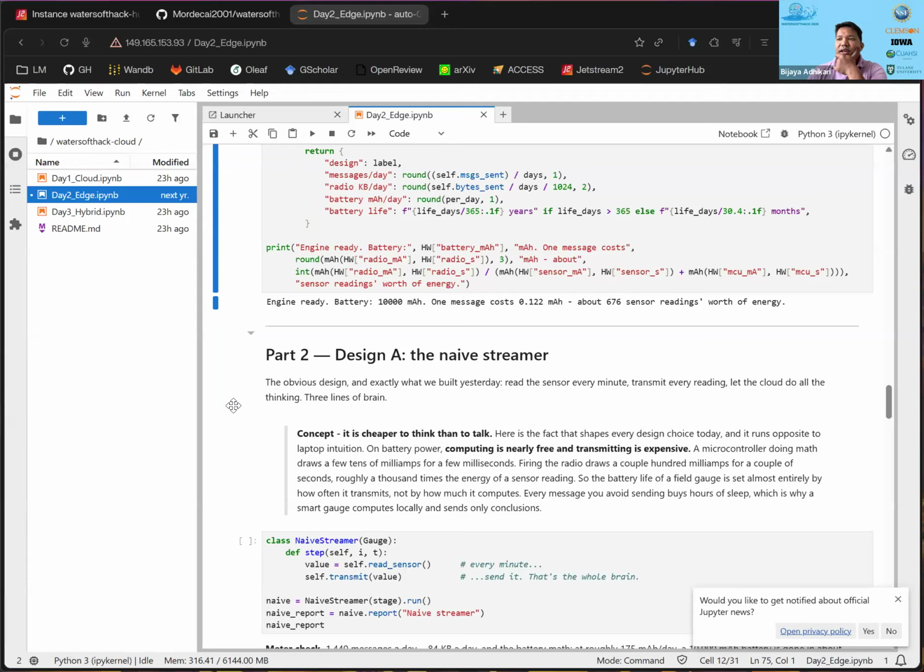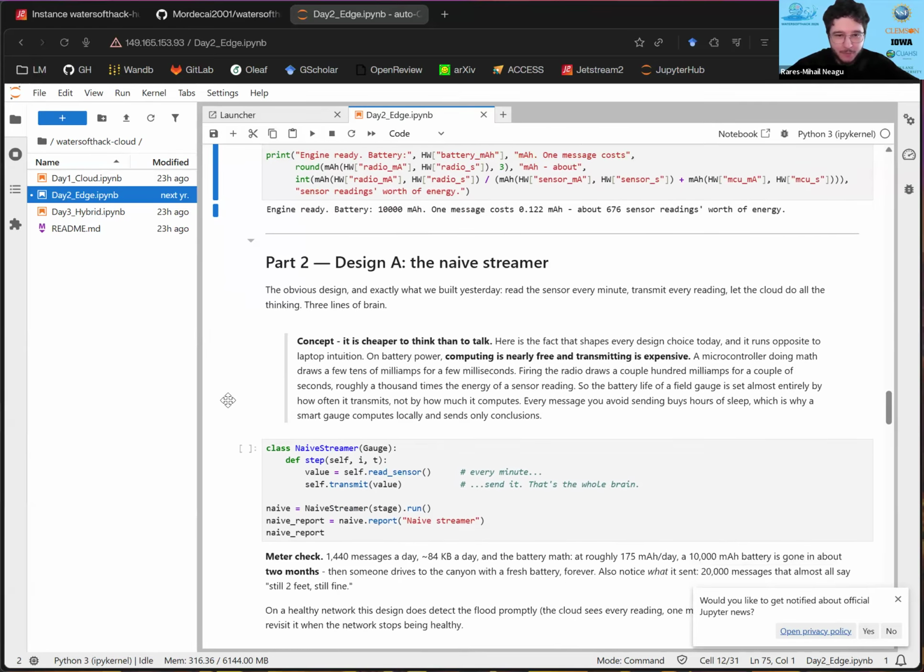Okay. So at this point, you're just mimicking the hardware, right? Yes, like a simulator. Now, based on this, you're going to design a naive and a smarter sensor. Yes. Okay. Seems there are no more questions, so let's go to part two.